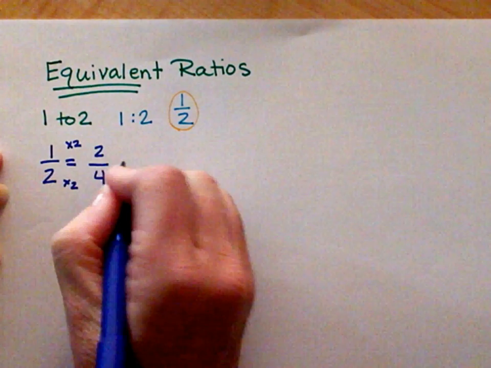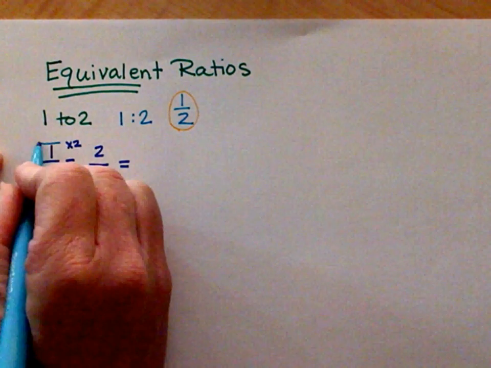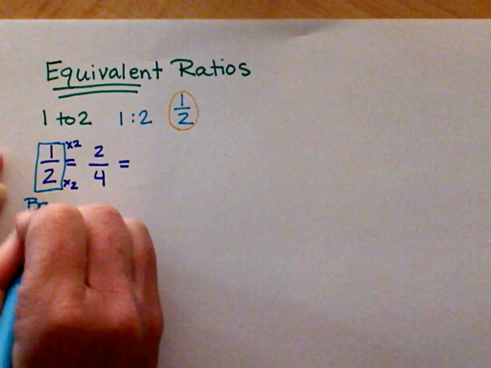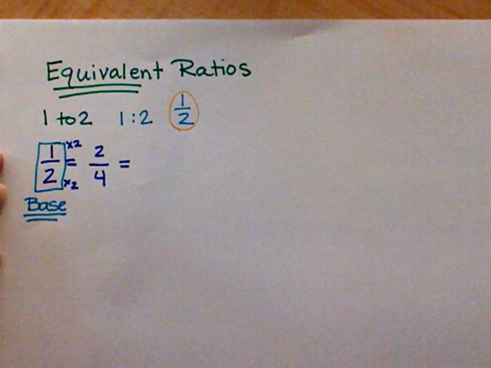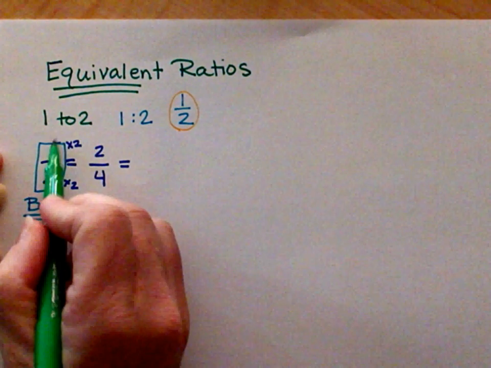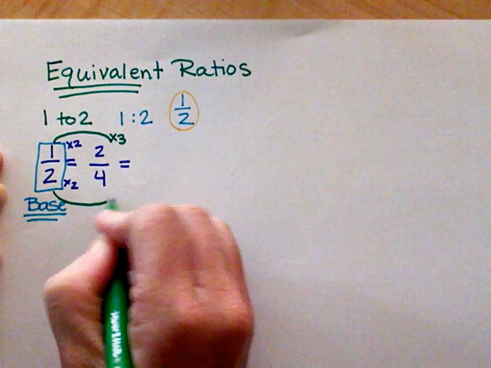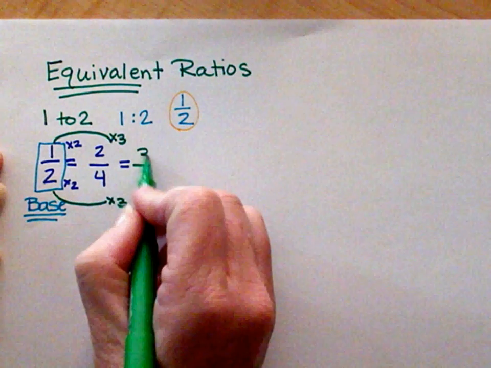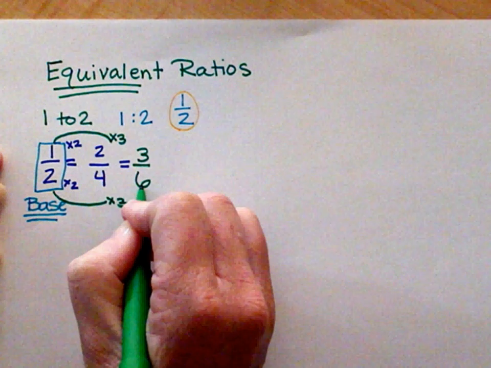I can continue to build, but I always want to go back to my beginning ratio, which we learned was a base ratio because it is the reduced ratio. I'm going to use this ratio and now say multiply by 3, and 1 times 3 is 3, and 2 times 3 is 6.